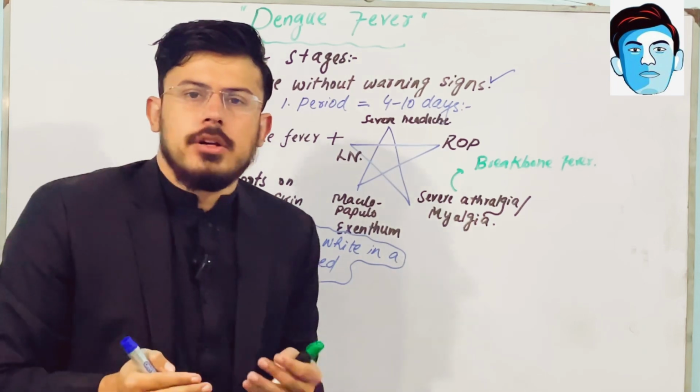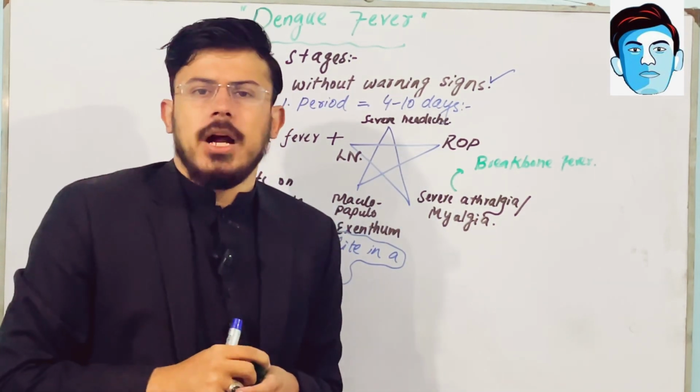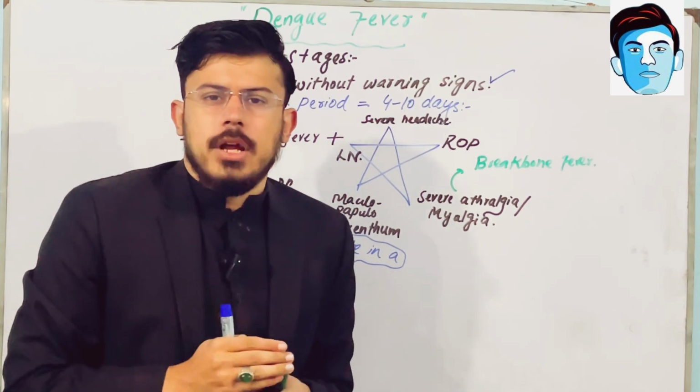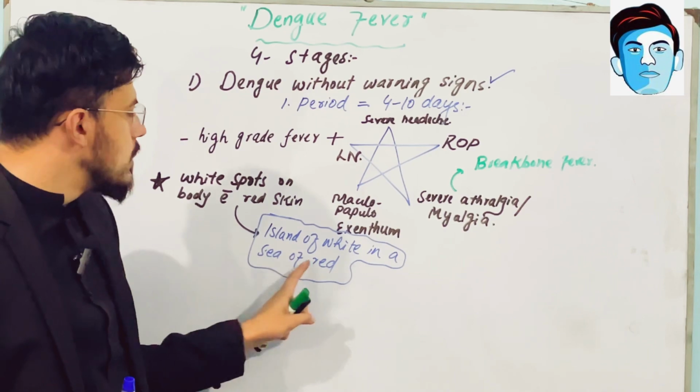So when these patients recover from stage 1, they have white spots on their body along with the skin getting red, and that is called island of white in a sea of red.